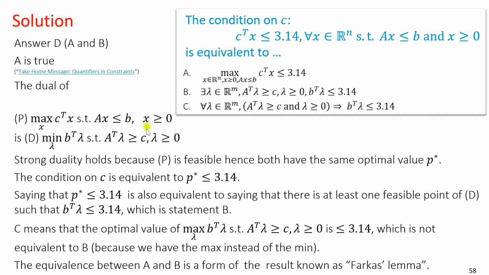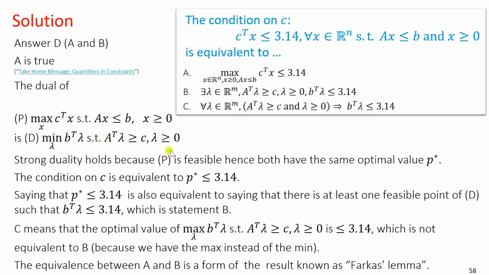So in this generic form, it's fairly simple, not entirely obvious, because max becomes min, larger than becomes less than becomes larger than. So those subtle things are embarrassing, and that's why we need a cheat sheet. But this is what we obtain here. So that means that this condition is equivalent to 3.14 being larger than this min here, because the optimal value of this problem is the same as that here.